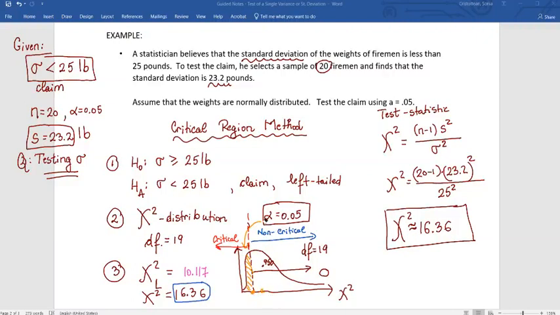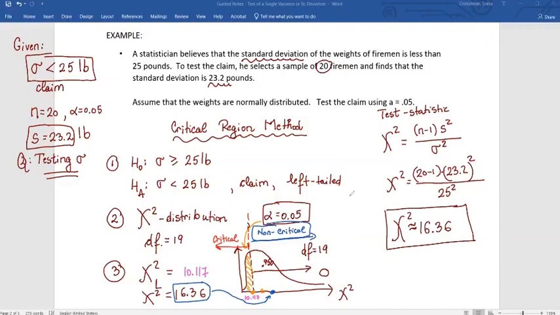The critical value, and I'll put the value right there, is 10.117. So it is clear to us that 16 is actually larger than 10. So it will fall in the non-critical region. And because of that, we will not reject the null hypothesis.